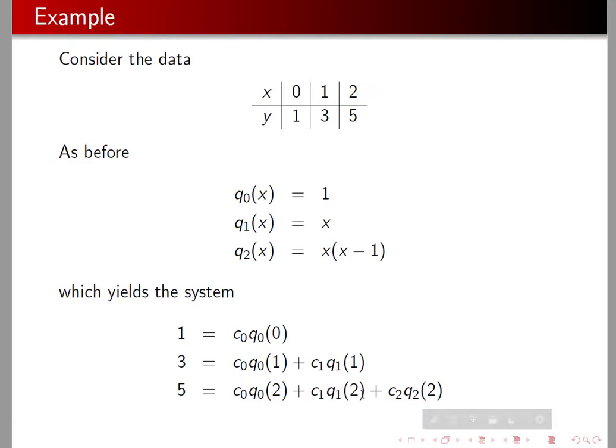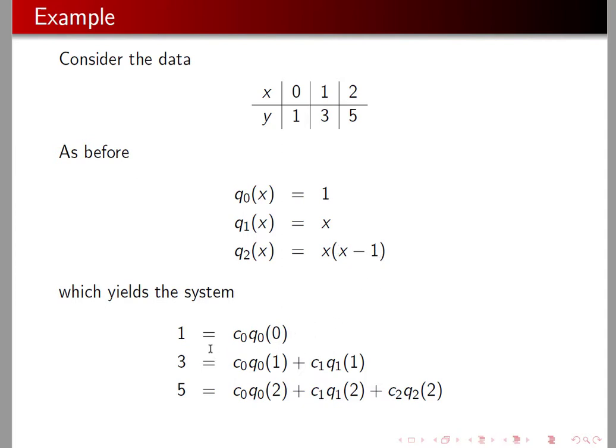So, for example, let's consider the data where x is equal to 0, 1, and 2, and where our y's are 1, 3, and 5. If we do it this way, then our q0 of x is equal to 1, our q1 of x is equal to x, and our q2 of x is x times x minus 1.